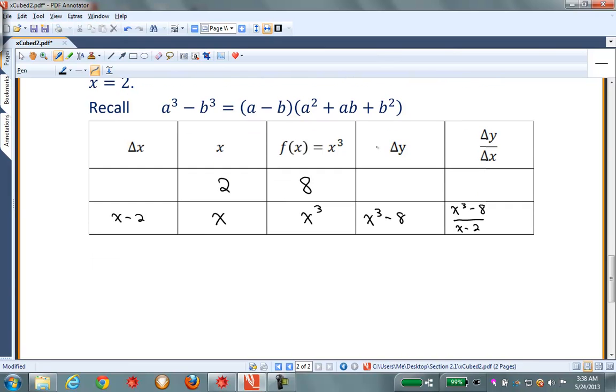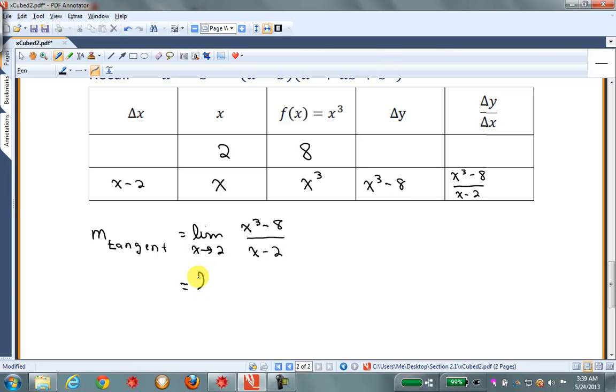So we're going to find the slope of the tangent line, or the instantaneous rate of change, by taking the limit as the right endpoint x approaches the left endpoint 2 of the average rate of change, x to the third minus 8 over x minus 2.